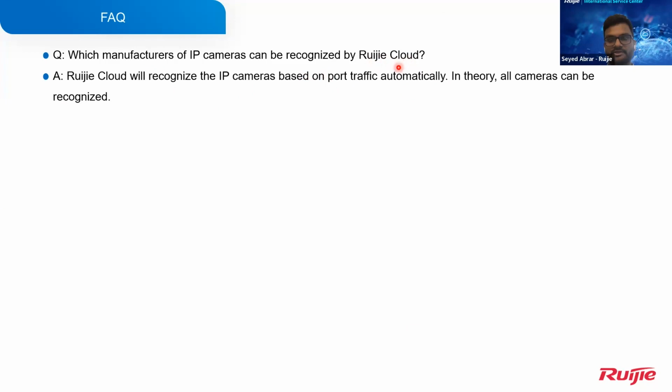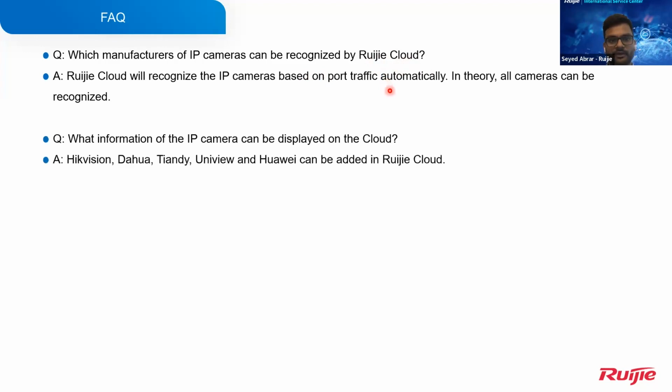Now Reyee cloud did it based on the MAC OUI. So you can see the information on the camera. If you see Hikvision, Dahua, these MAC OUIs are already in the Reyee cloud. It will automatically detect it quickly, even if you use a different brand. Because I'm using a different brand called Axis, and it detected.